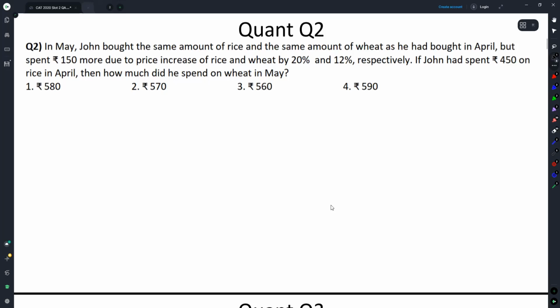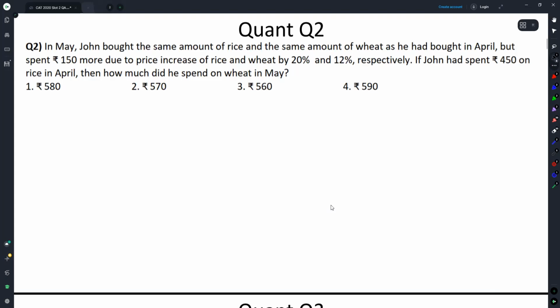In May, John bought the same amount of rice and the same amount of wheat as he had bought in April, but spent 150 more due to price increase of rice and wheat by 20% and 12% respectively. From April to May, it is increasing by 150 rupees, 20% on rice, 12% on this.